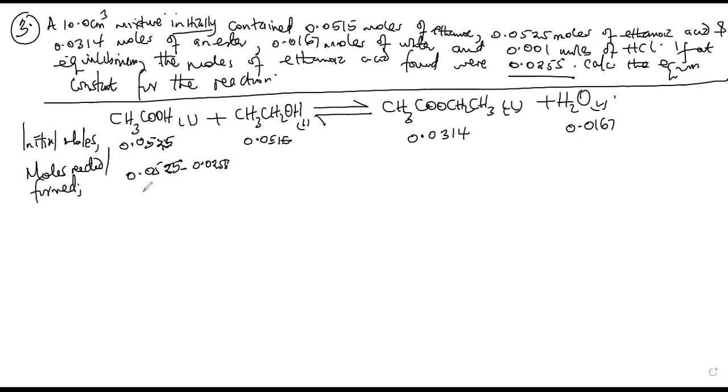So this one will give me 0.027. And since throughout the mole reaction ratio is 1 to 1 to 1 to 1, it means that here I also have 0.027, 0.027, 0.027.